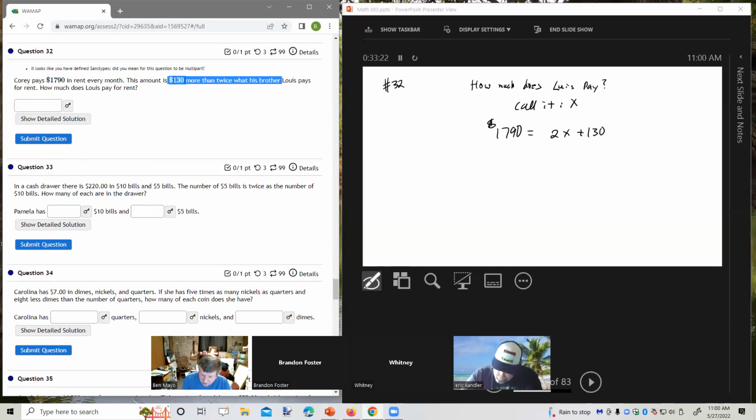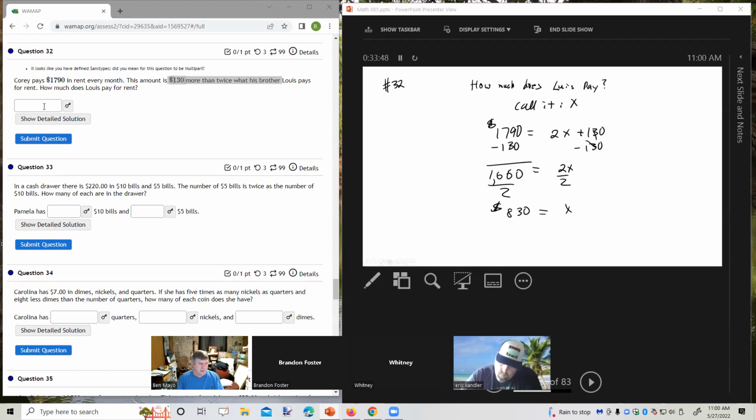Lewis is X, so twice X plus 130. Okay. Subtract 130 from both sides. And we get 1660. Divide both sides by 2. And we get 830. So that would be $830.